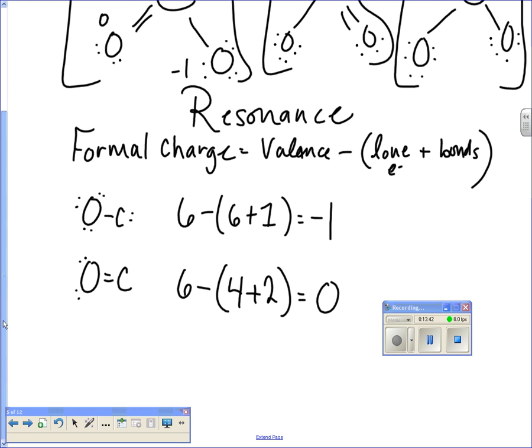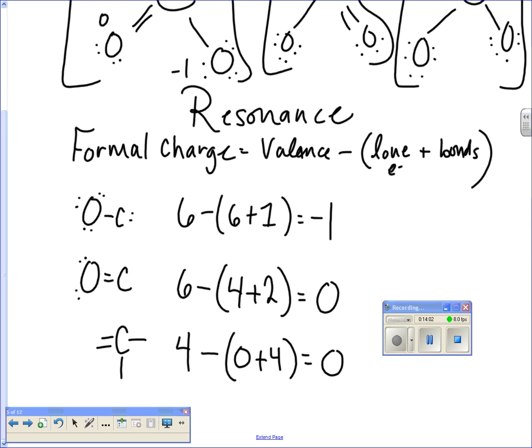Then the last one I want to do is carbon. Carbon has 4 for its valence. It has no lone electrons, but it made 4 bonds, and so that also equals 0.